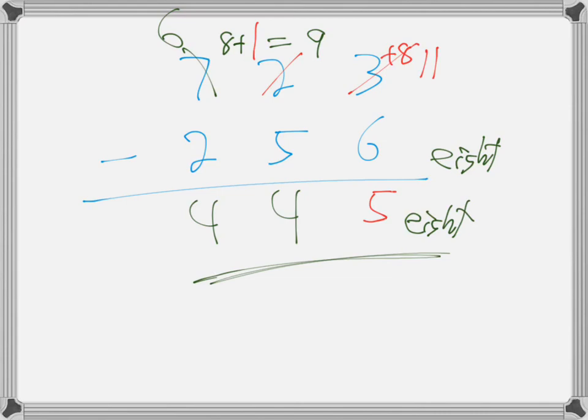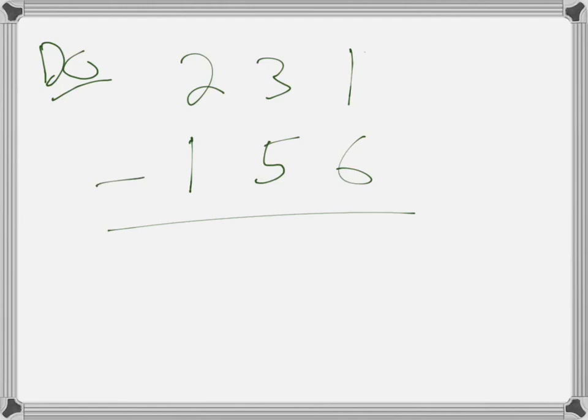All right, should we try one of those? Let's see. Let's try. How about 2, 3, 2, 3, 1. Take away 1, 5, 6. There we go. Oh, what base? Base 7.